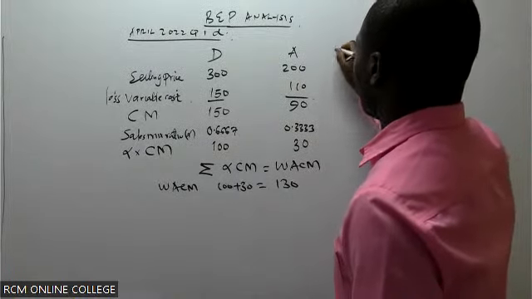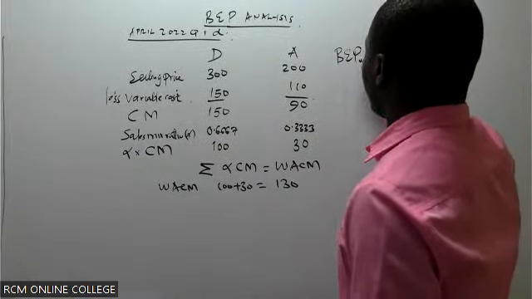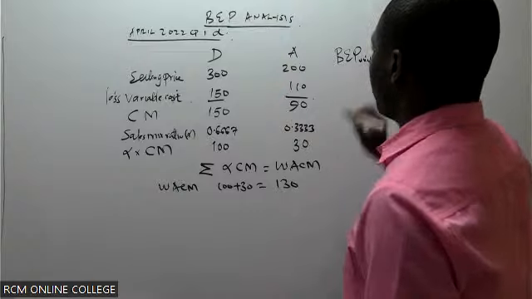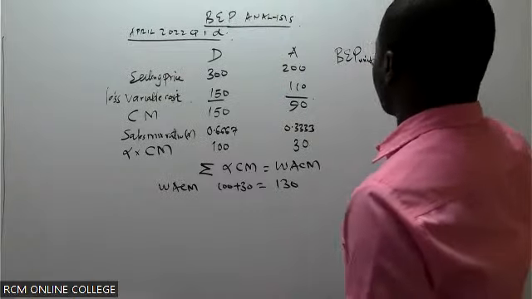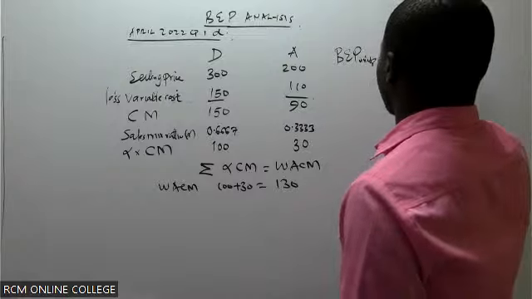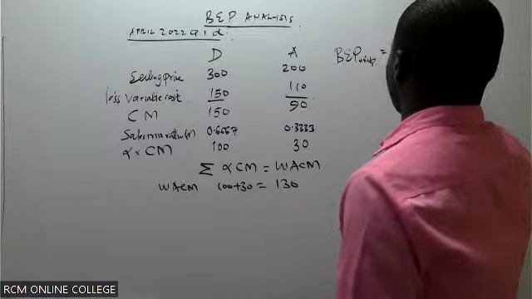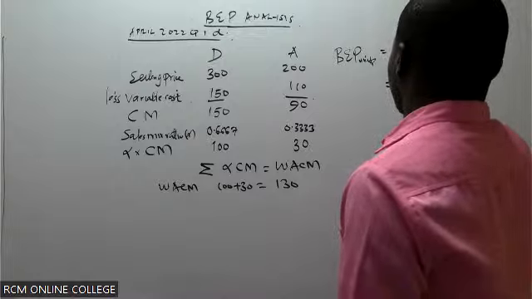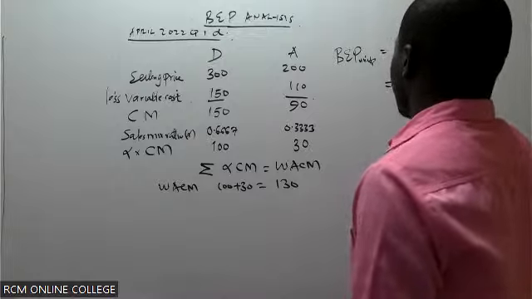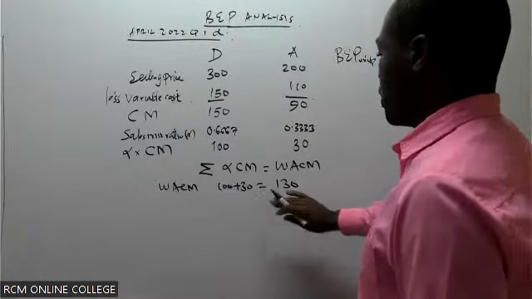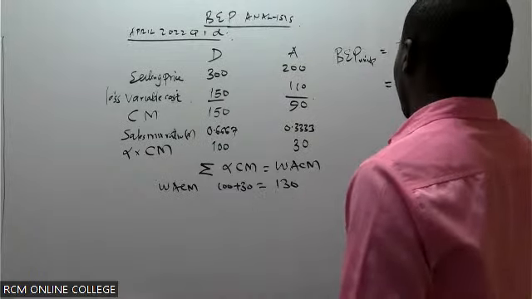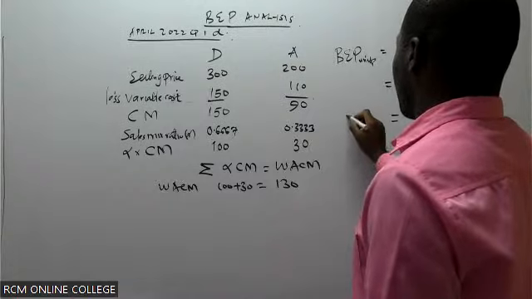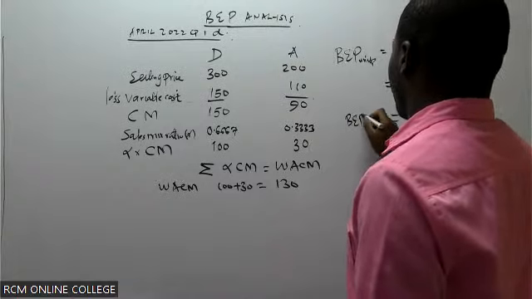So our break-even point in units equals total fixed cost over weighted average contribution margin: 156,000 divided by 130.